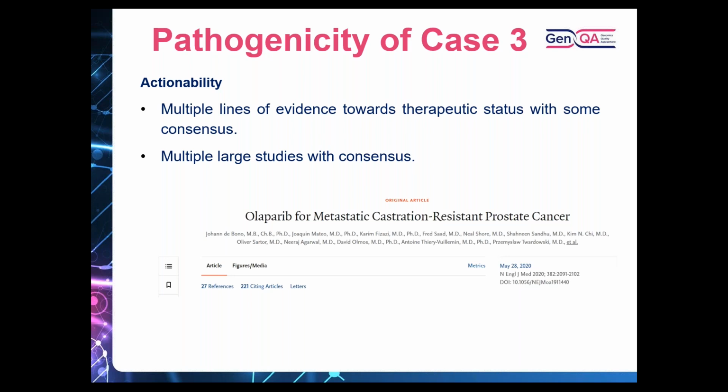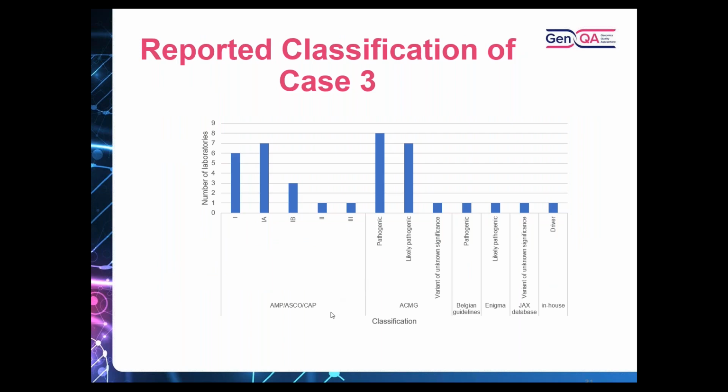Okay, next slide, please, Jenny. Thanks, Pauline. And as you can see, the vast majority of laboratories agreed with the tier 1 classification, and that was split between tier 1A and tier 1B. Some of the reasons given for tier 1B were, as Pauline stated, that it currently isn't approved by NICE in the UK.